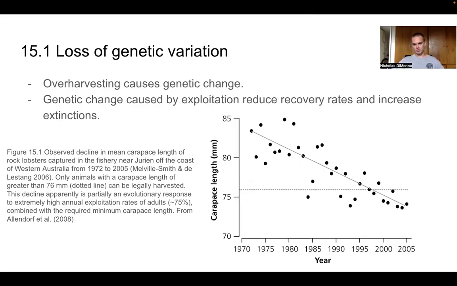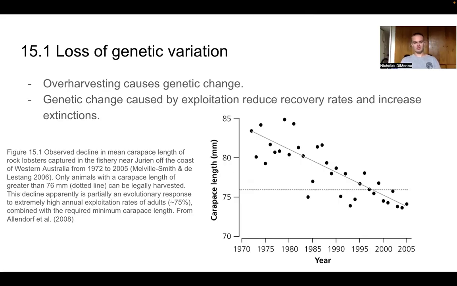Overharvesting causes genetic change when we reduce the number of alleles in a population, taking genetic material out. Obviously, we're going to promote things like genetic drift and allele fixation.